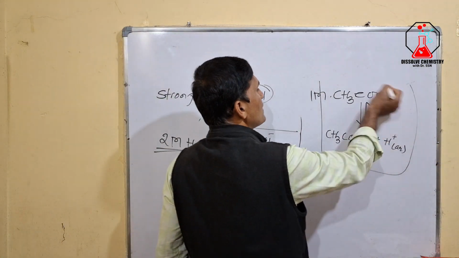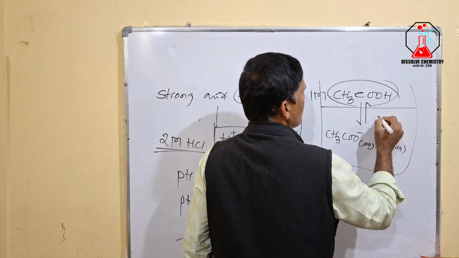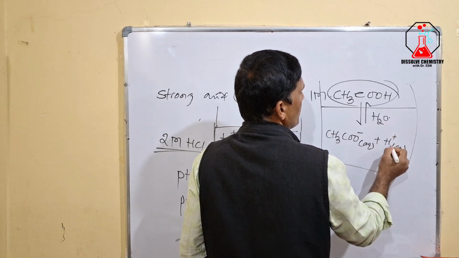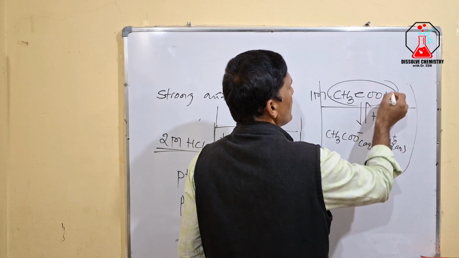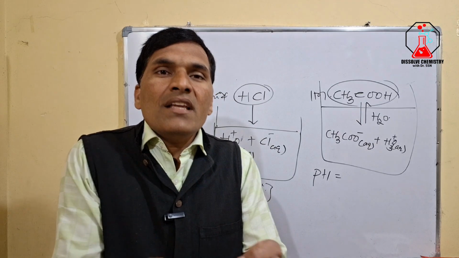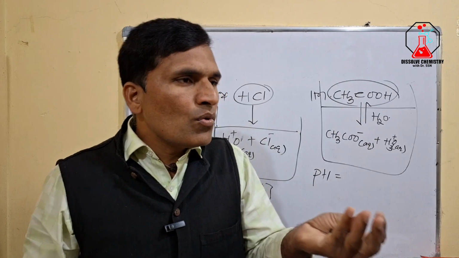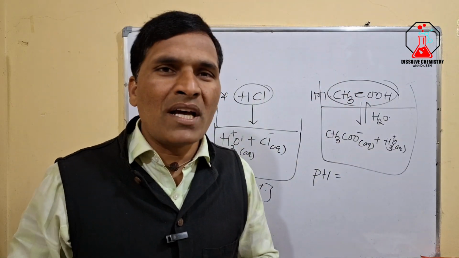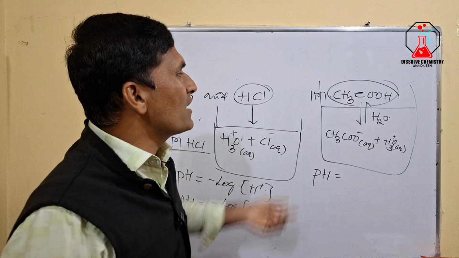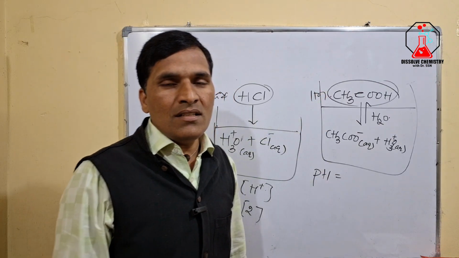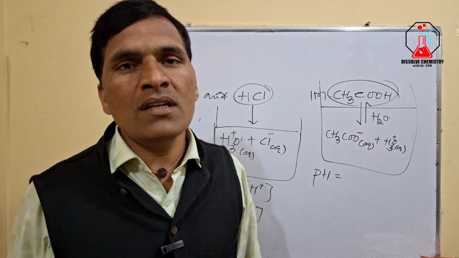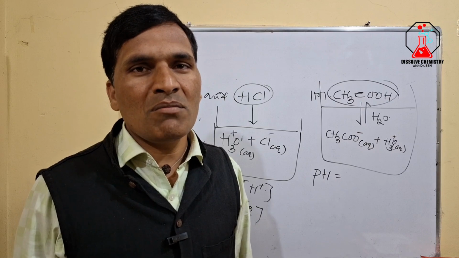Most of the acetic acid remains in the form of acetic acid only, and only part of it is ionized. So if you calculate the pH by taking it as 1 molar, it will not correspond to the true pH of the solution. You should remember that.